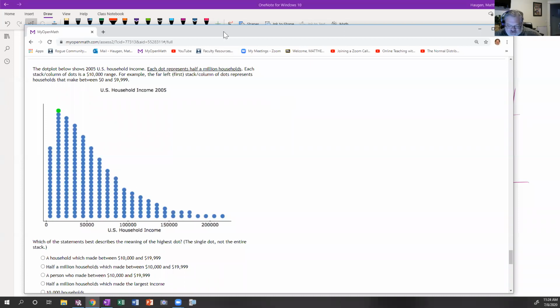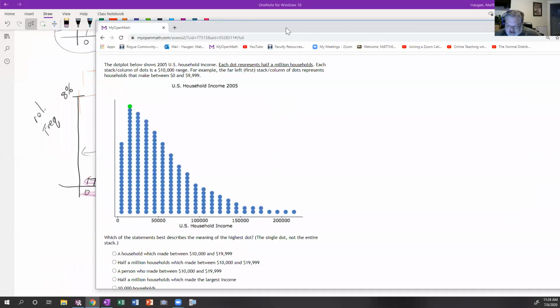And again, why is that important? Well, if we looked at this and tried to imagine, okay, this is household incomes. If we tried to say what the typical household income is, the typical household income looks like it's in this range, the 40,000-ish range.